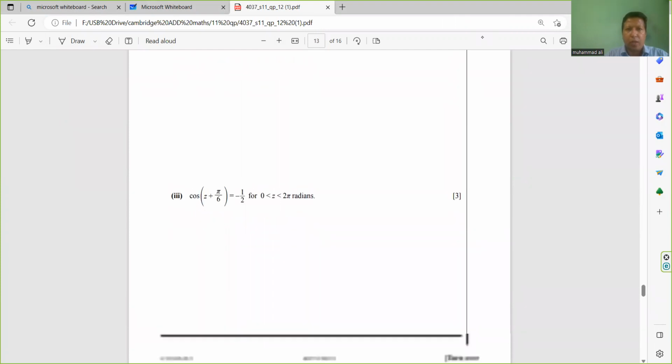The third one, this maths we have to solve in radian mode: cos(z plus pi by 6) equals minus half for z greater than 0 and less than 2 pi radians. This is our question.